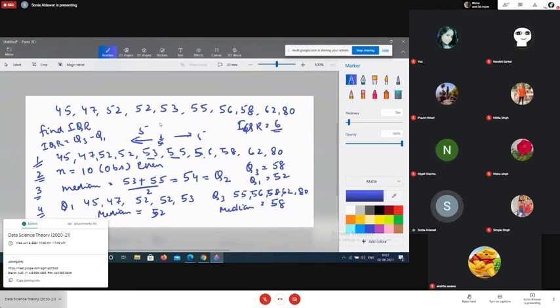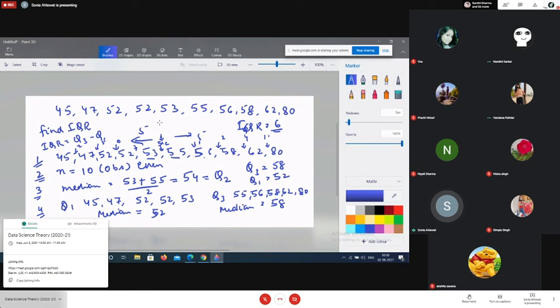So it simply says, by a factor, this much is telling you how sparsely your data is being spread out. And if you look carefully, it is not very highly spread out. From 45 to 80, with some incrementing values of 47, 52, hardly how much is coming? 18.